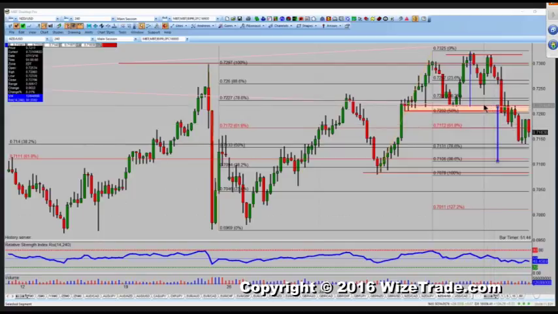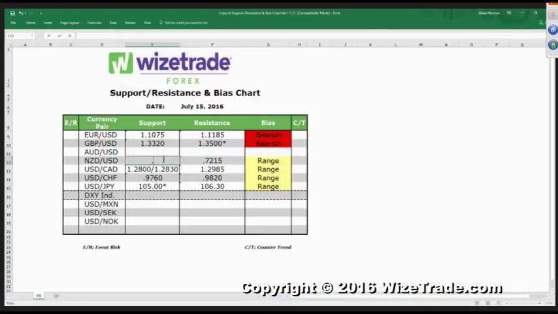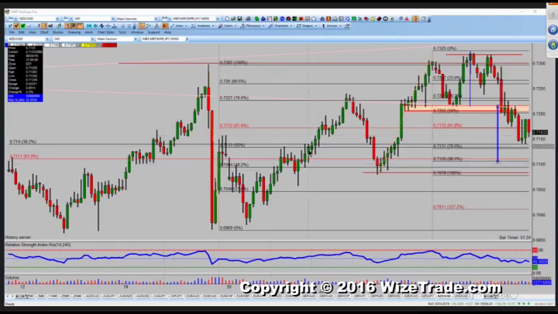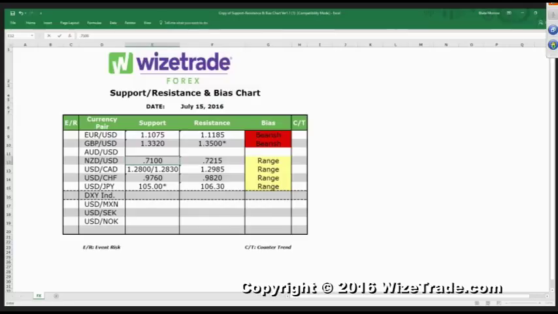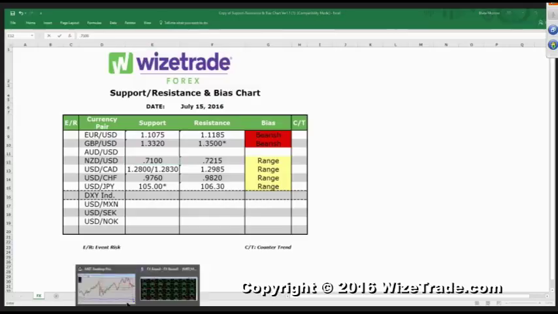It could go a little bit lower, but regardless, a move down to 71 to 71.20 seems very doable for the Kiwi. So I'm going to write down, if we get down to 71, you've got to start looking for a bounce. All right, let's go to the Aussie.